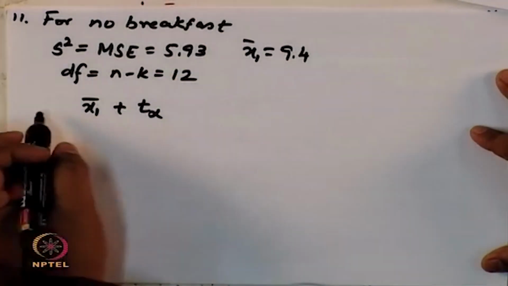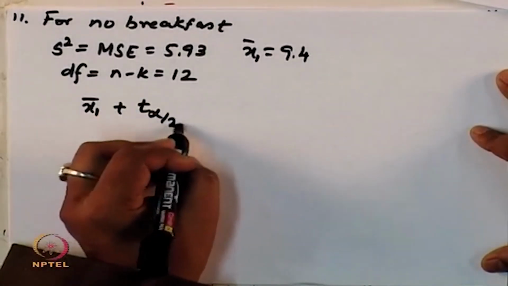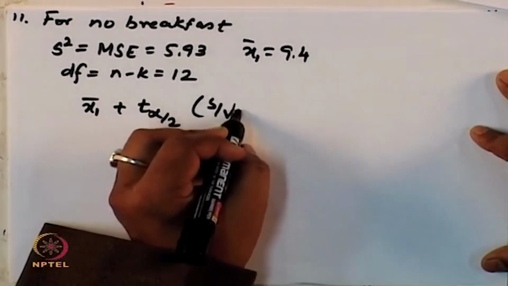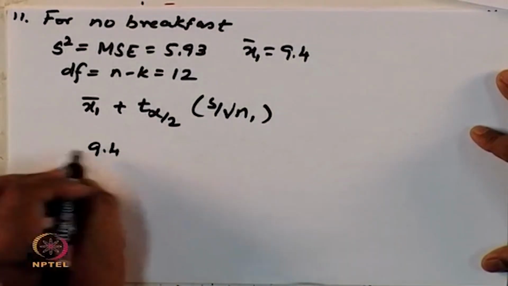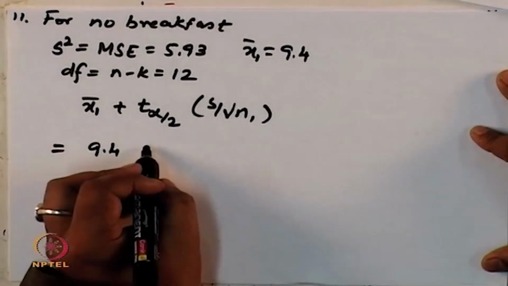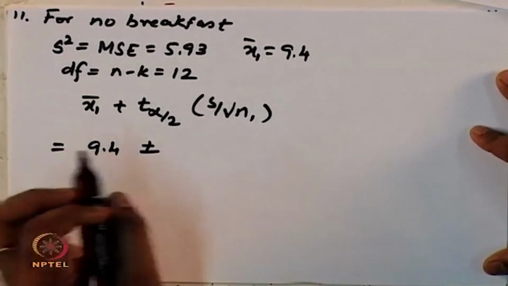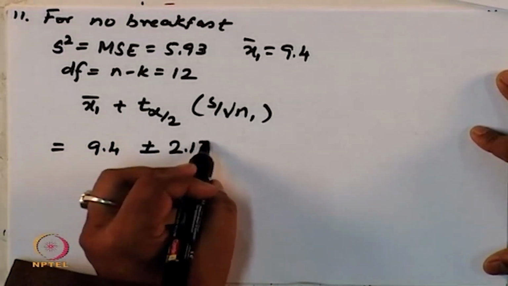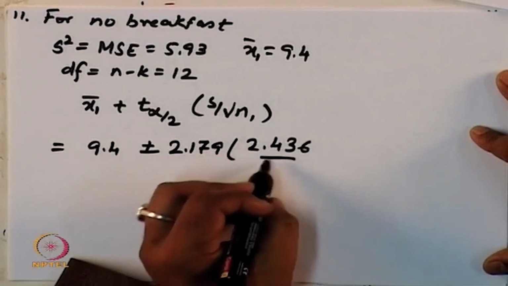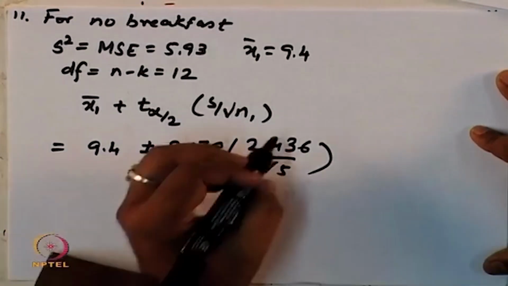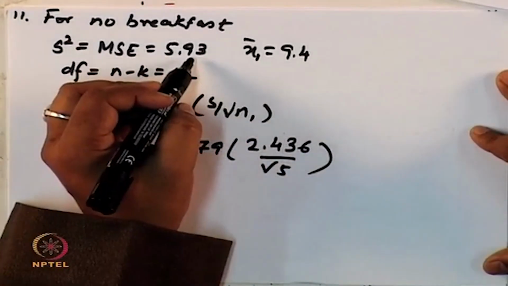Okay. So, you can calculate the confidence interval as 9.4 plus minus 2.179 into 2.436 by root of 5. So, this is square root of 5.93.